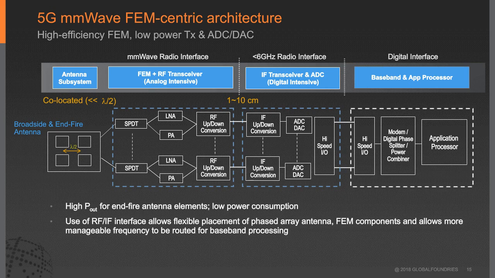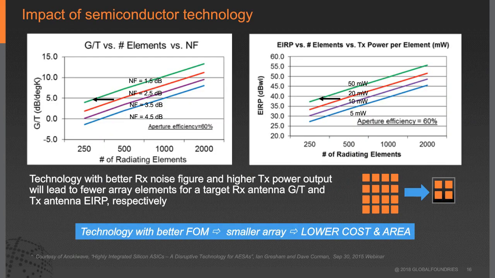Now I'm going to talk about the impact of semiconductor technology. Just a couple of definitions before we get into this. G by T, antenna gain to noise temperature, is the figure of merit in the characterization of antenna performance, where G is the antenna gain in decibels at the receive frequency, and T is the equivalent noise temperature of the receiving system in kelvins.